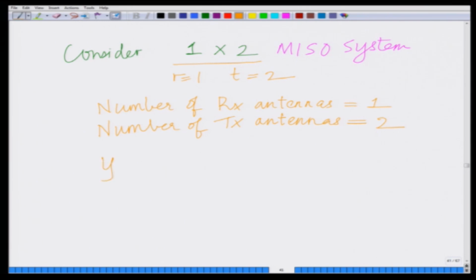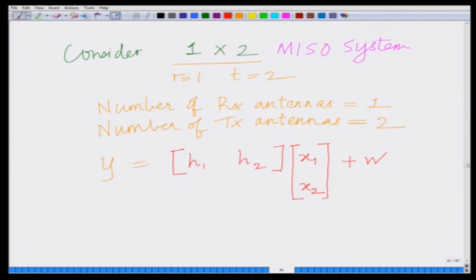Therefore, we have the system model y equals [h1 h2] [x1 x2]^T plus w. We are considering a 1x2 MISO system, 1 receive antenna, 2 transmit antennas, and this is the system model that we have.